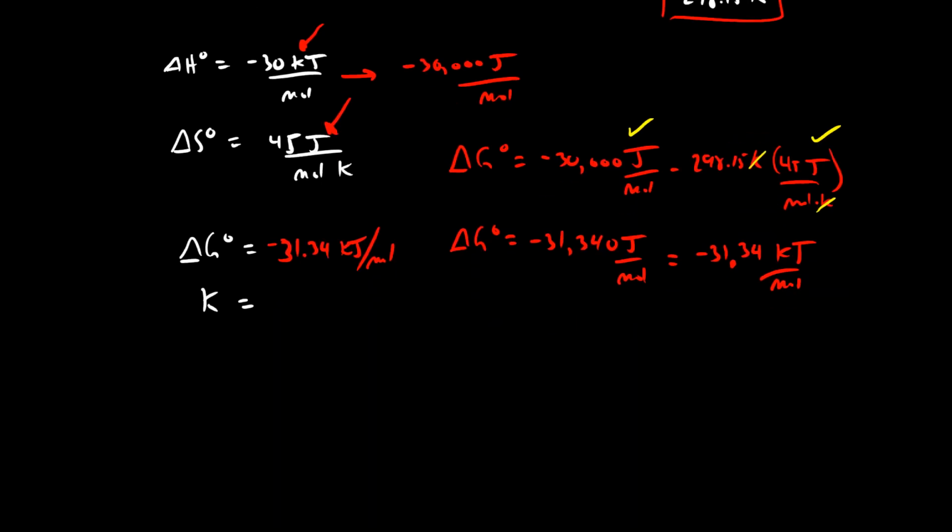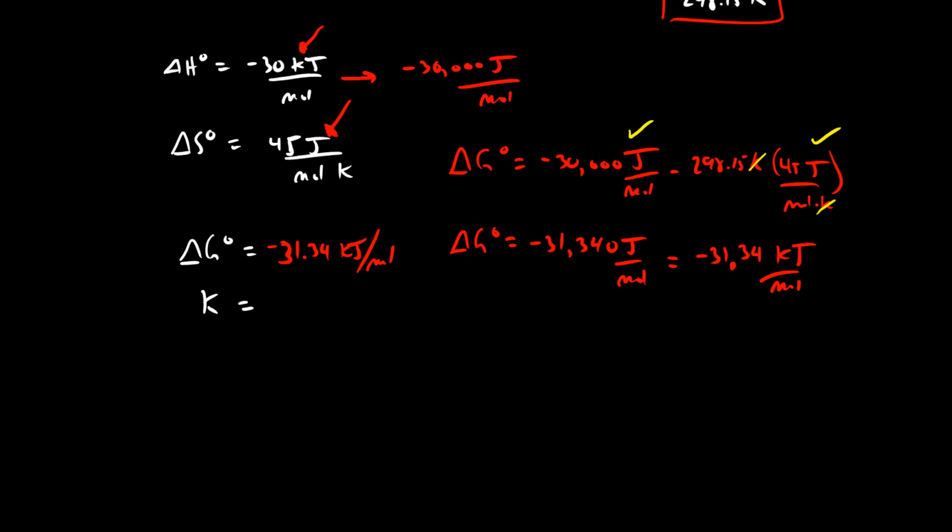Okay, and now that we know delta G naught, we can easily calculate K because we know that delta G naught equals minus RT times the natural log of K. So again, we're at standard temperature.